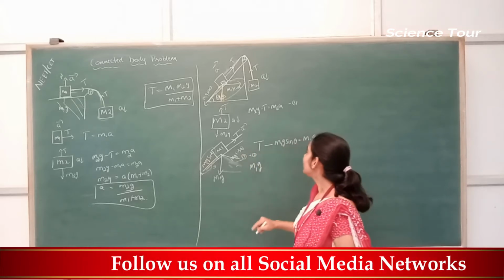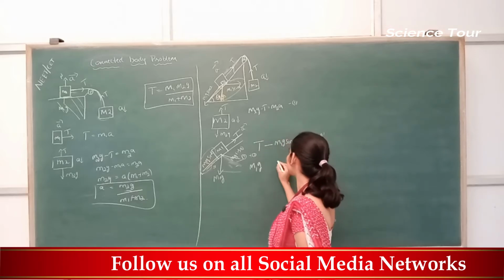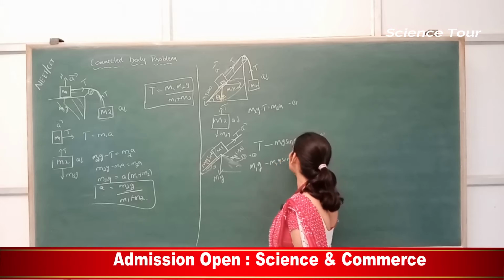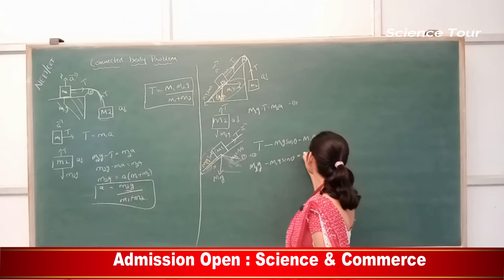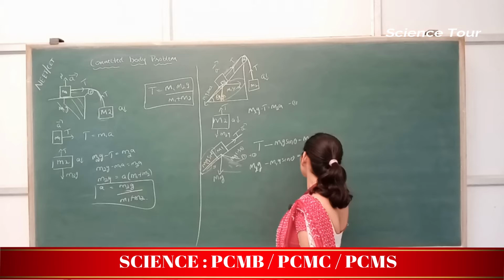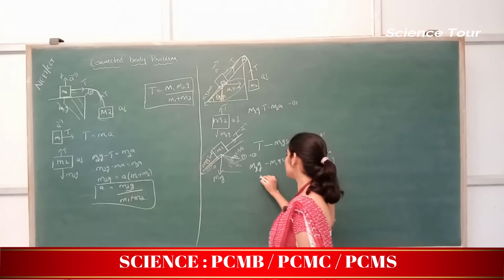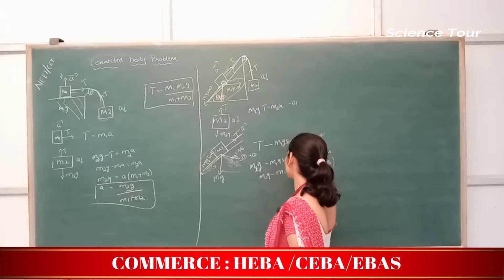What do you get? T gets cancelled, and we have m2 into g minus m1 into g sin theta is equal to m1 into a plus m2 into a. So a is m1 plus m2, here it is m2 into g minus m1 into g sin theta.